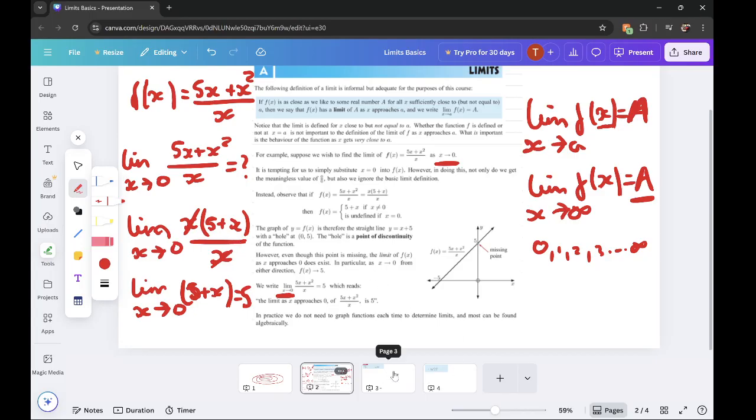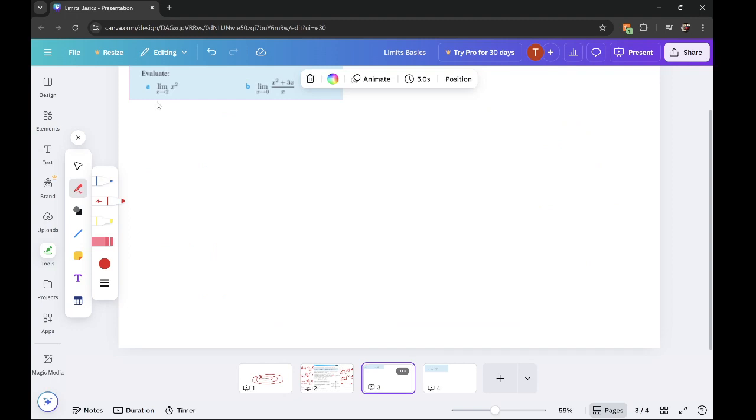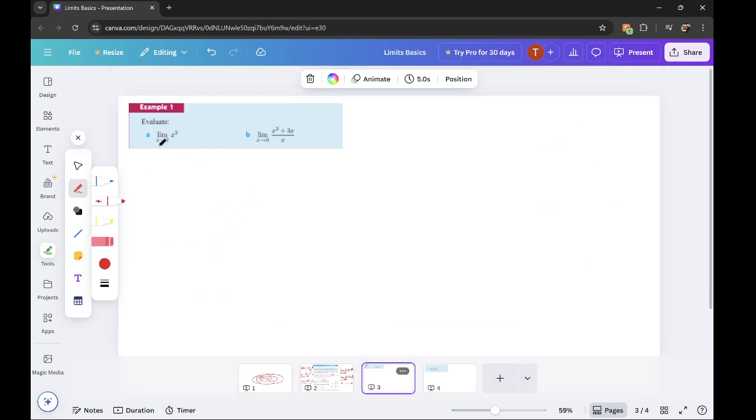And now let's move on to a couple of example questions. In this case, they haven't given it as 0 for a. They've given the limit of x squared as x approaches 2. I want you to go ahead and give this a try. Really nice, really simple question, not too complicated whatsoever. You shouldn't spend more than like 10 seconds on this question.